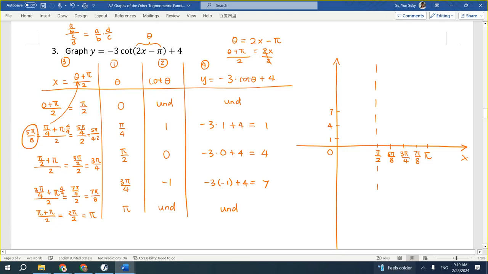So we have a vertical asymptote here. Pi over 2, y undefined, vertical asymptote. And then 5 pi over 8, we get the y value is 1, which is this point. Is that okay, everybody?